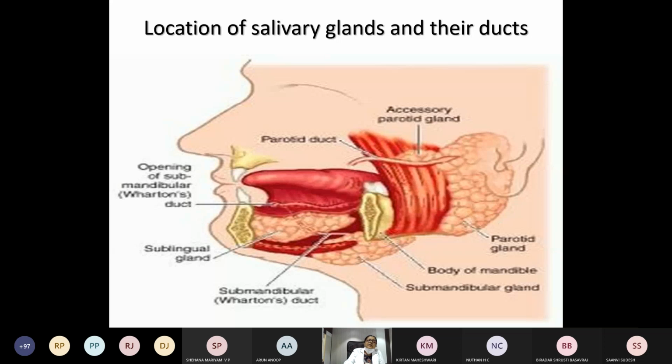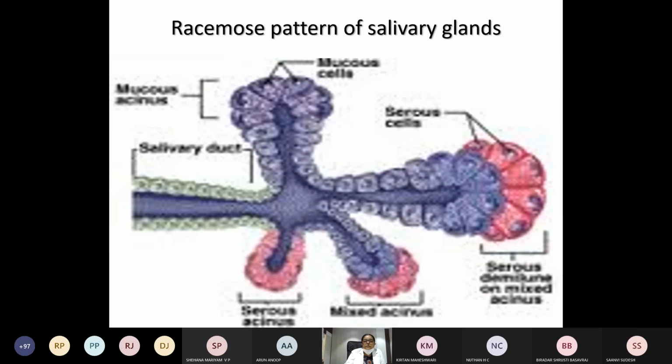You can see this diagram and refer to your book also, so you will remember the location of the salivary glands and their ducts. This is the racemose pattern of salivary glands.